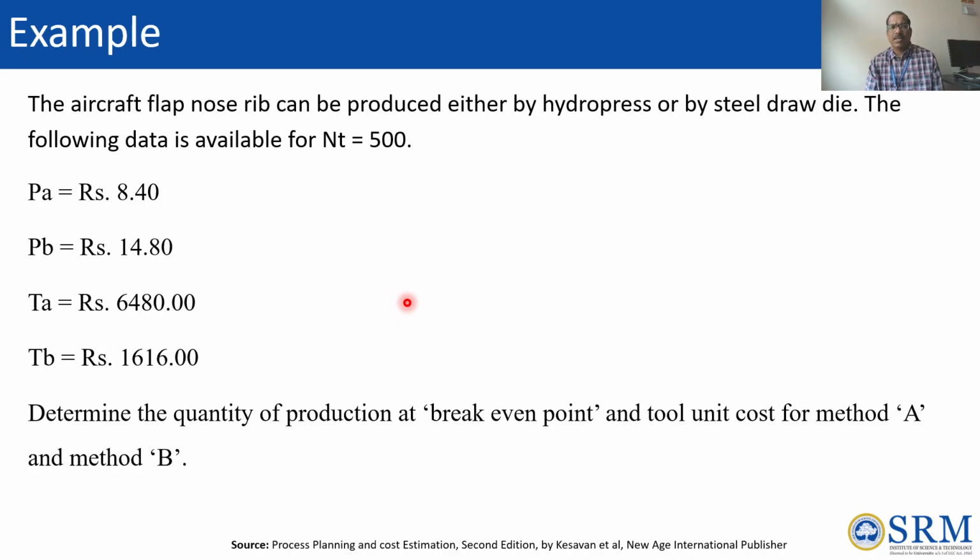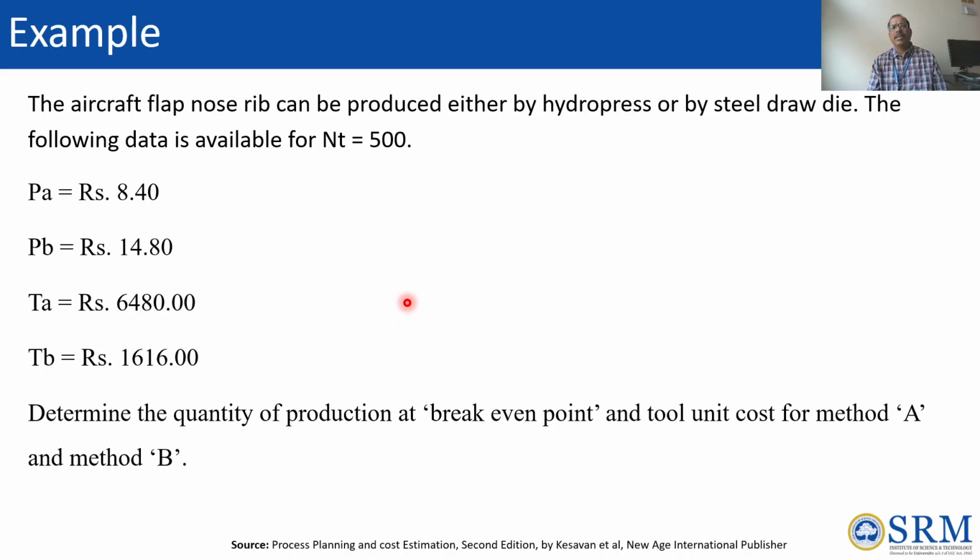The following data is available. The quantity of aircraft flap nose ribs is 500. For process A, PA is the variable cost of 8.4 rupees.